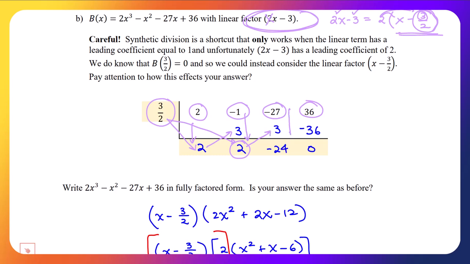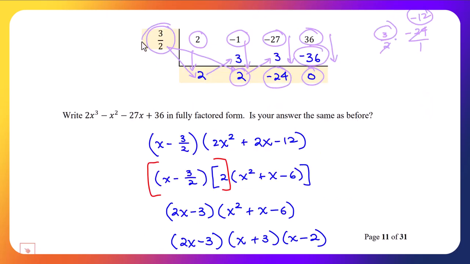Add, and I get negative 24. 3 halves times negative 24, I can reduce, and 3 times negative 12 is negative 36. Add, and I get 0.